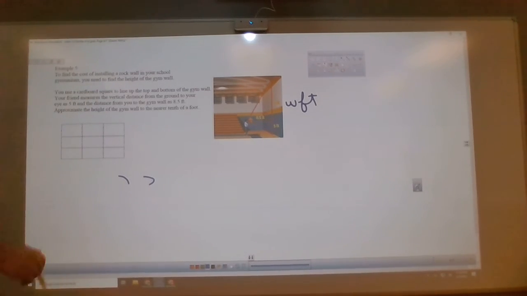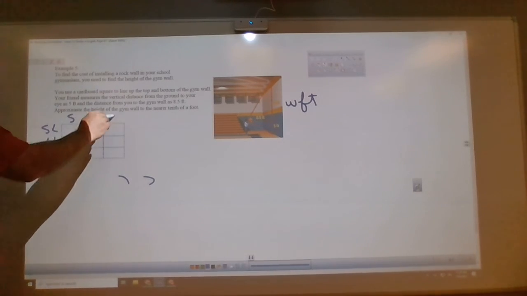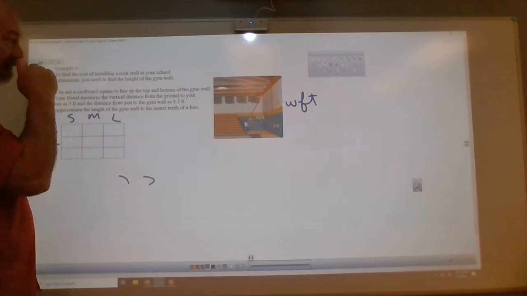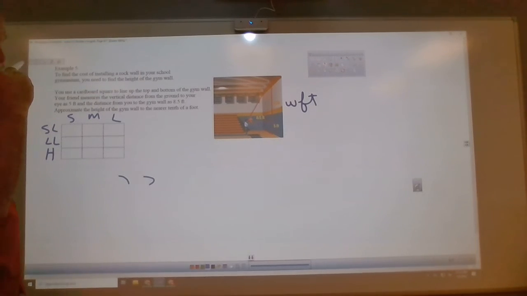okay? So we'll go short leg, long leg, hypotenuse. Small, medium, large. We have short leg of the small, that's 5.